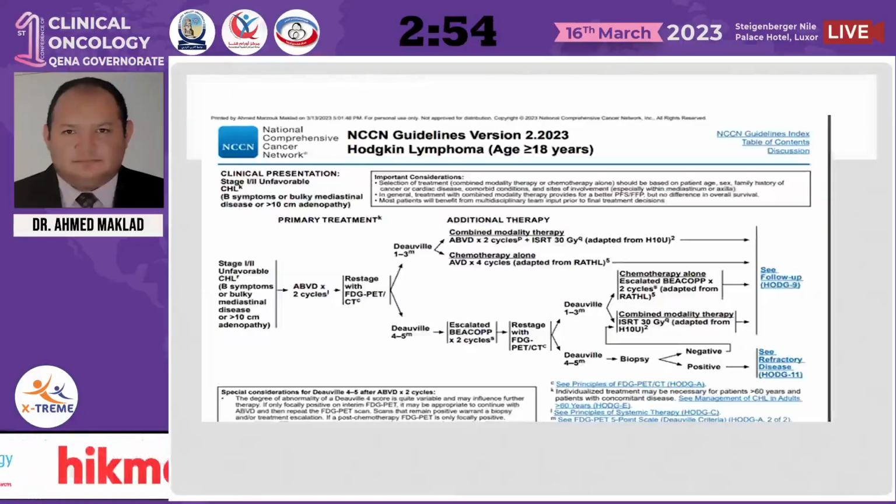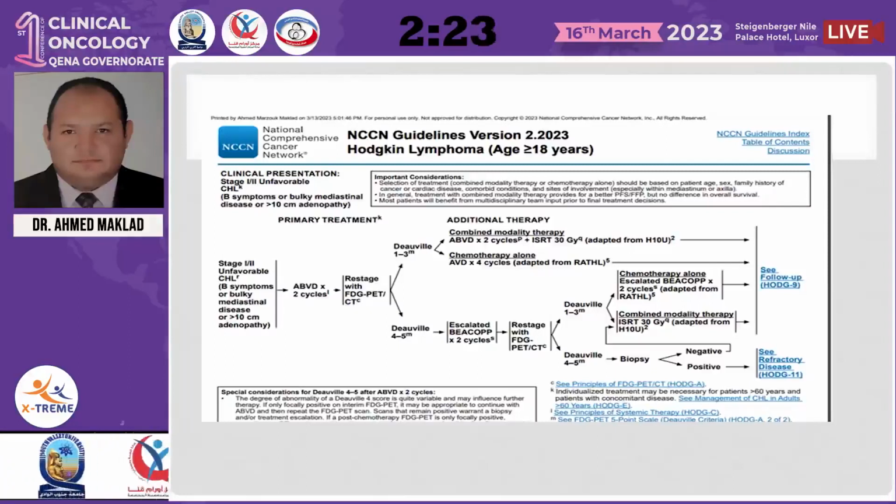And again, you're supposed to have updated guidelines, because we can spare the radiation completely for some patients and avoid the toxicity. Here for the NCCN and Hodgkin lymphoma, adult patients, even stage 1 and 2 with bulky disease, we have two options: either combined modality, ABVD 2 cycles plus involved site therapy 30 gray, or ABVD 4 cycles if you have a negative PET CT after 2 cycles, Deauville 1 to 3.